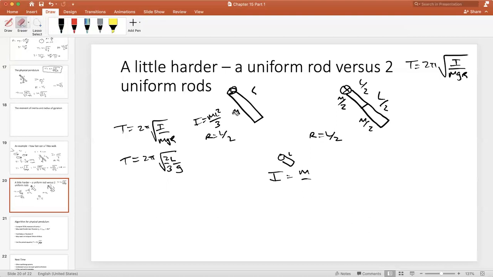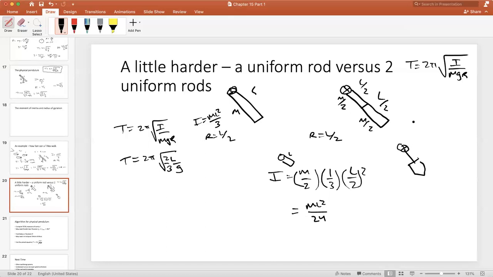So I really need here M over 2 times 1/3 times L over 2 squared. And so this first rod gives me L squared over 4 over 3, so that's ML squared over 24. For my second rod, this is where things get a little weird.